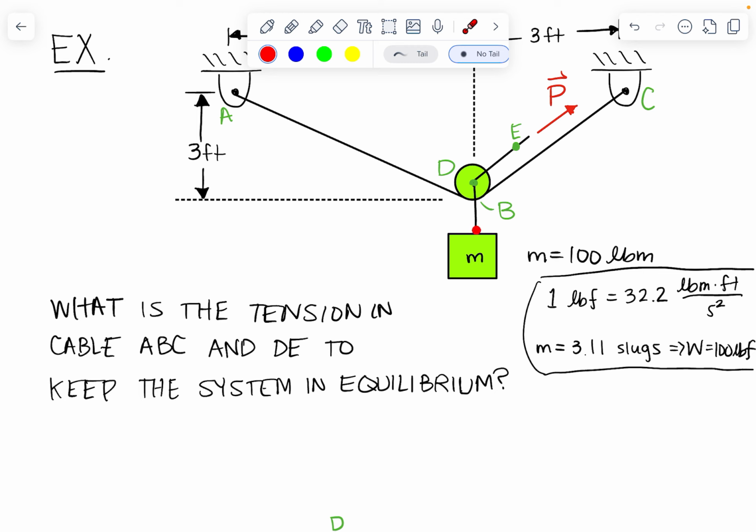So my mass and my force P is very easy to see that that's exactly where they are applied. These forces from the tension we are also going to idealize as actually going through this point D here.